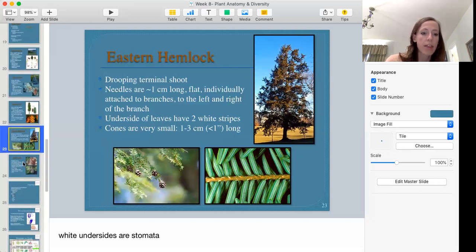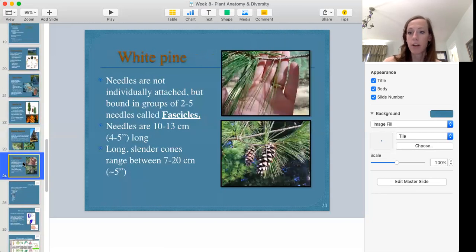Okay, and the last one we have for this week for you to look at for gymnosperms is the white pine, and it is very easily distinguished based on its needles. You can see these needles are much longer than any of the others. They're also attached in groups called fascicles.